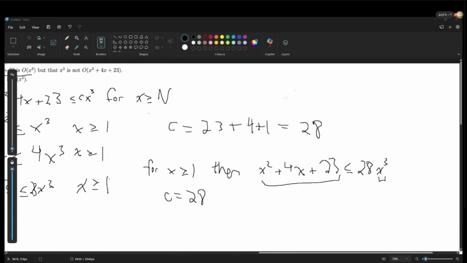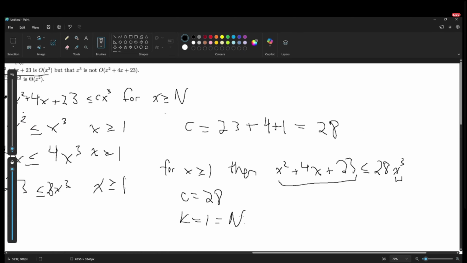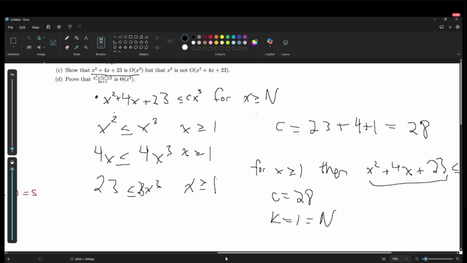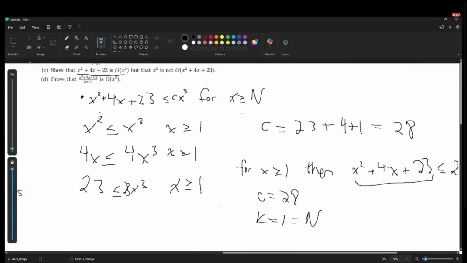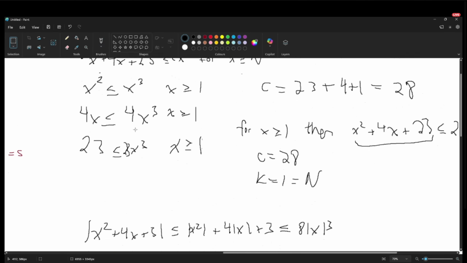Okay, so are there any questions on c and k? Oh yeah, and k equals 1, or n, whatever notation you end up using. I don't know which one you guys did. And then that satisfies the definition, therefore it's in it. Now, to prove that something's not in it is trickier because you have to prove that for all constants it's not true, right?